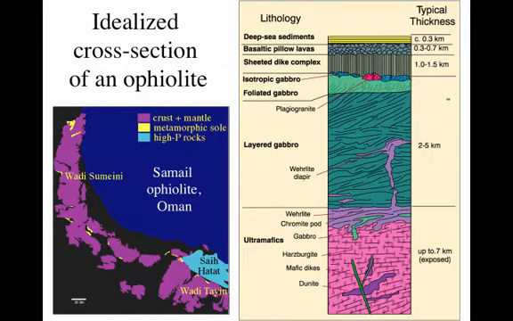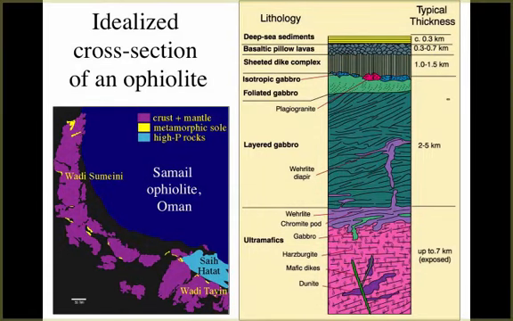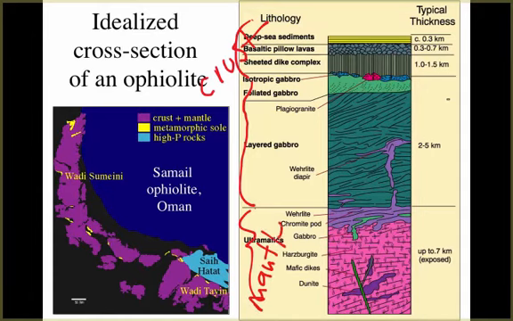We also have ophiolites, and this is an idealized cross-section of an ophiolite that shows both crustal rocks and mantle rocks that become scraped off onto the edge of continents.